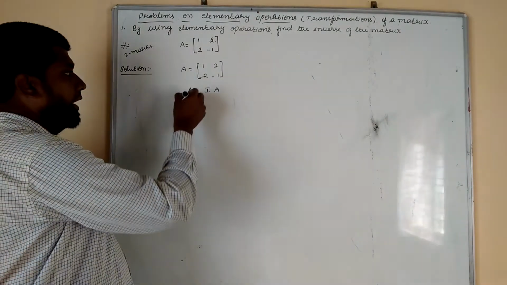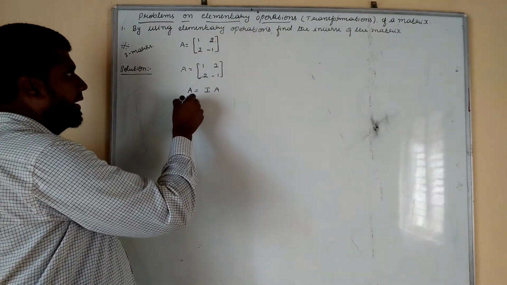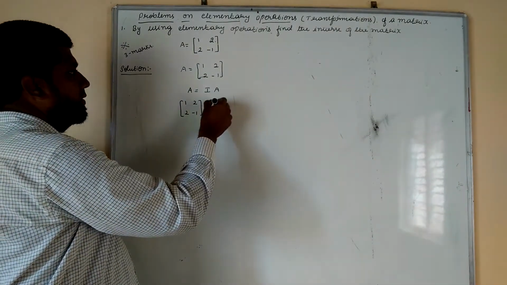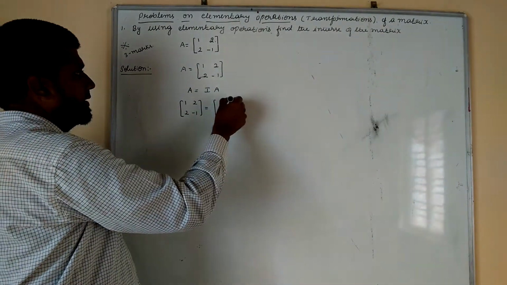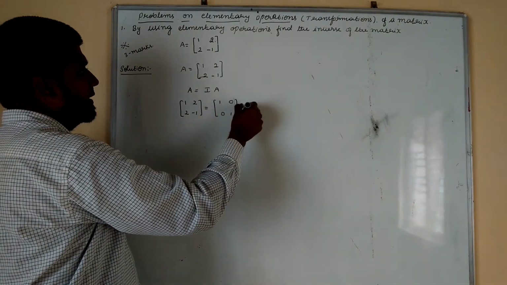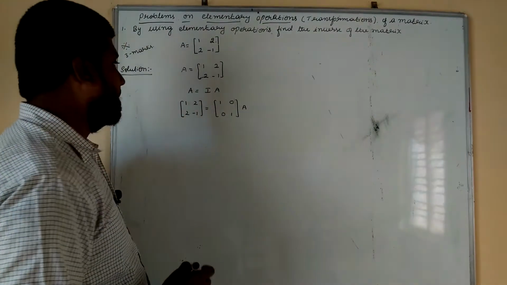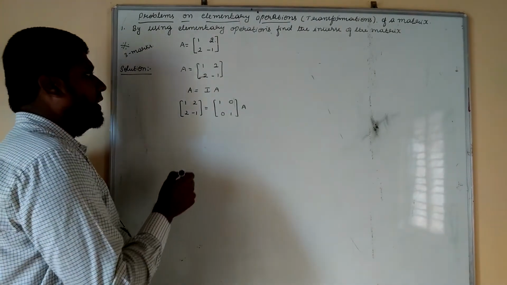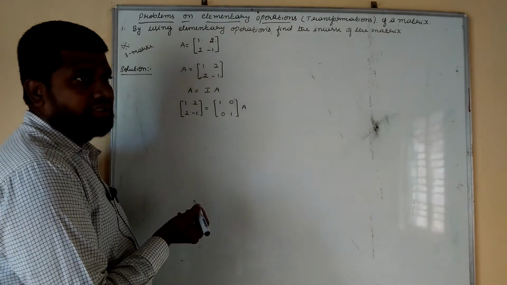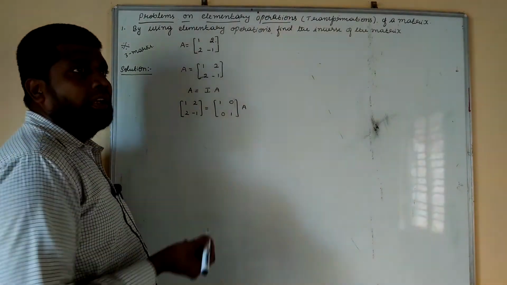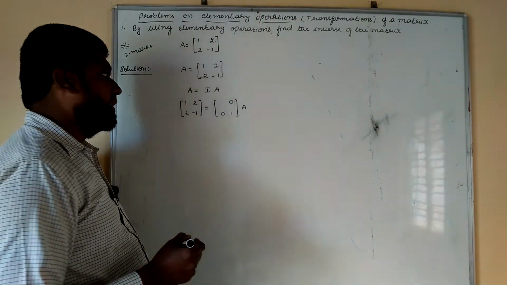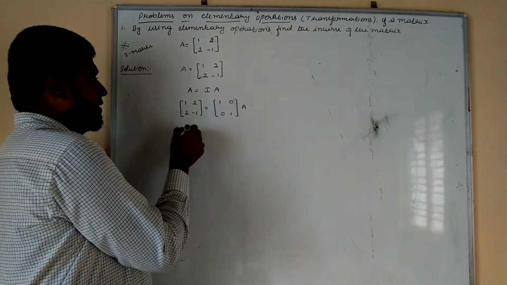So A is [1 2; 2 -1] equal to I, the identity matrix [1 0; 0 1], times A. Keep the A as A only. Then I have to interchange rows, multiply a row by a scalar constant, or add a scalar multiple of one row to another row. You have to use these 3 operations on rows.